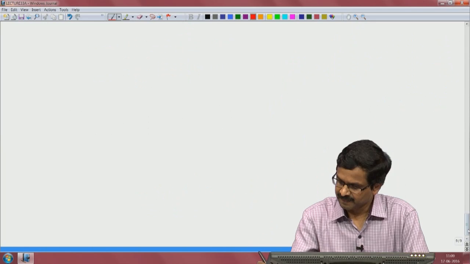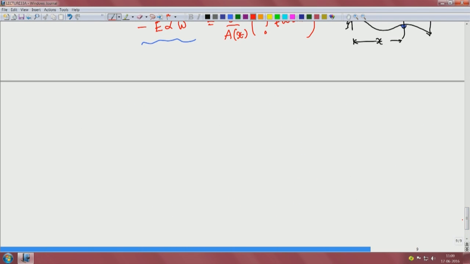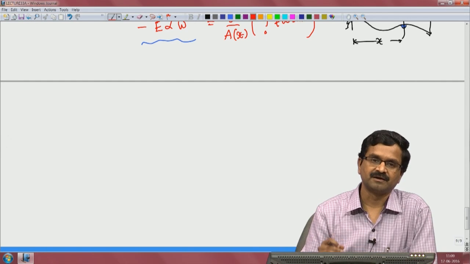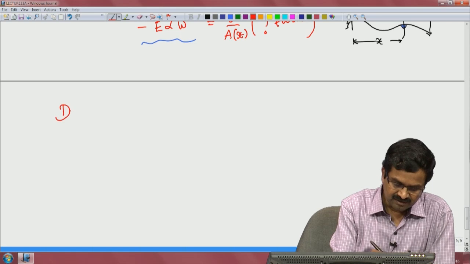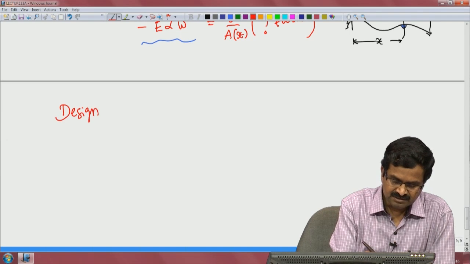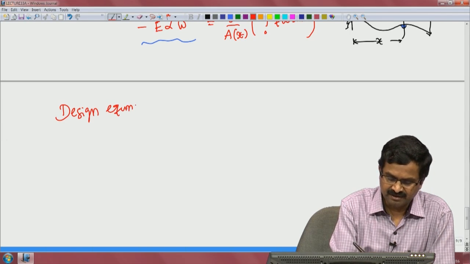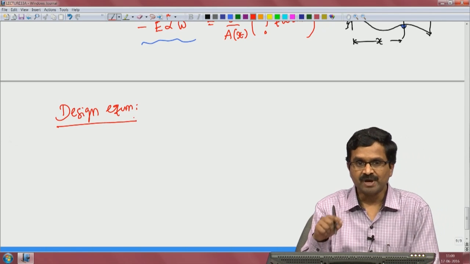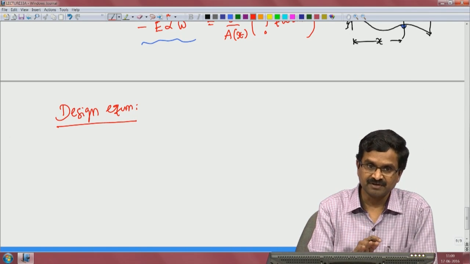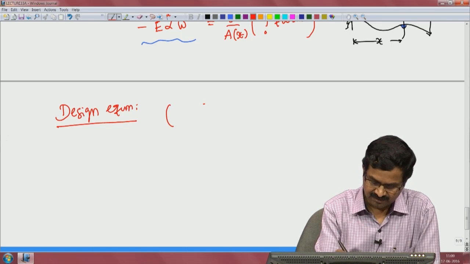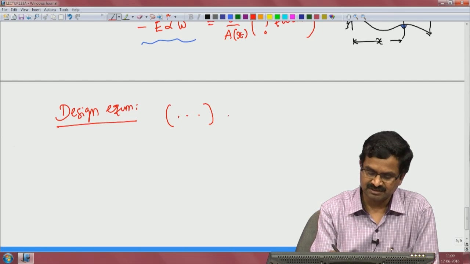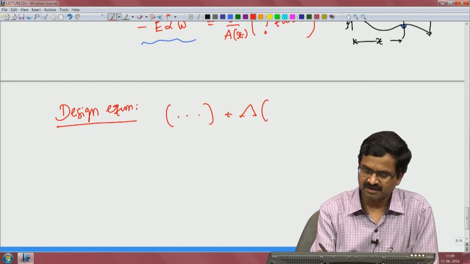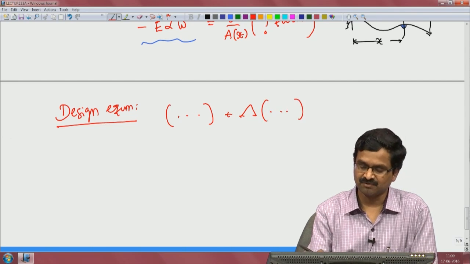So, let us say that in addition to the volume constraint, we have some constraint on stress or buckling or frequency or whatever. Then the design equation, which is obtained by taking the variation of the Lagrangian with respect to the design variable, gives something, and that something again is the gradient of the objective function plus lambda into the gradient of the corresponding constraint, here the volume constraint.